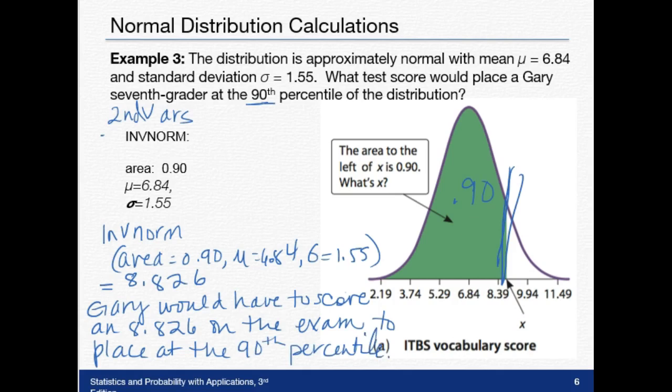All right, so those are the 3 types of problems you've got to do. Now be careful on these percentile problems because the problem may give you the area that's on this side of the curve, and you've got to subtract it from 1. But I'll try to model that for you when we get into class. So just read real carefully when you do these percentile problems.